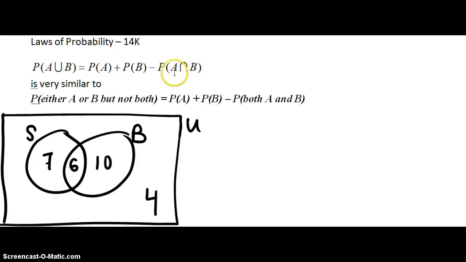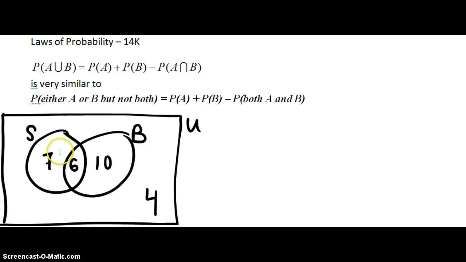Okay? So in other words, the probability of picking, this is back to our sushi and burrito situation from last time. So we have 7 plus 6 is 13 plus 10 is 23 plus 4 is 27 people. These folks like sushi, these folks like burritos.